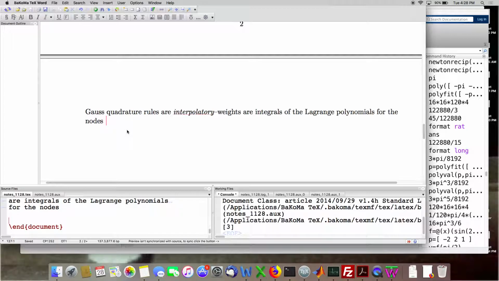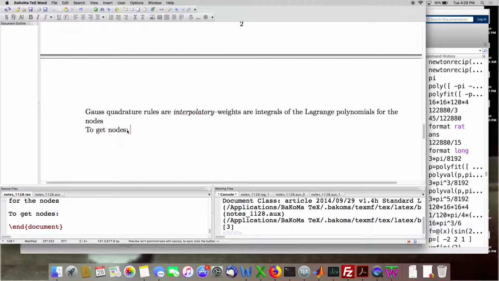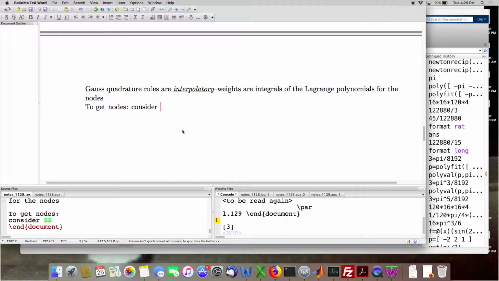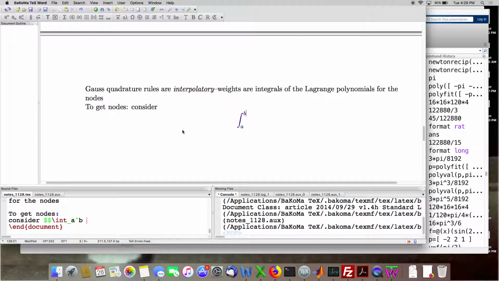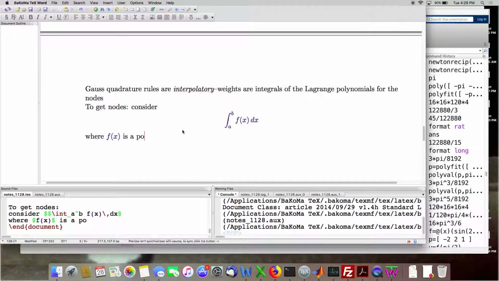Now, how are we going to get the nodes? So this is going to be kind of weird. We're dealing with a generic integral, and I'm going to assume that f is a polynomial of degree at most 2n minus 1.